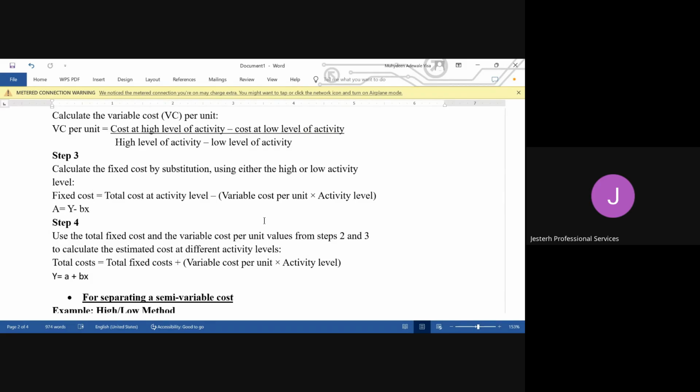Then we'll be capitalizing on this variable cost per unit regardless of the level of activities we want to prepare. If our level of activities increases, our variable cost per unit is constant. Then what we need to do is multiply the variable cost per unit by the level of activities to help us ascertain the total variable cost for that level of activities.